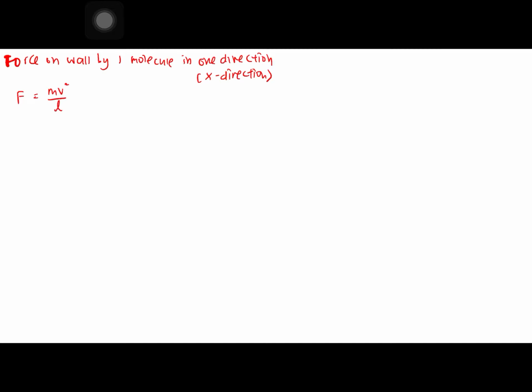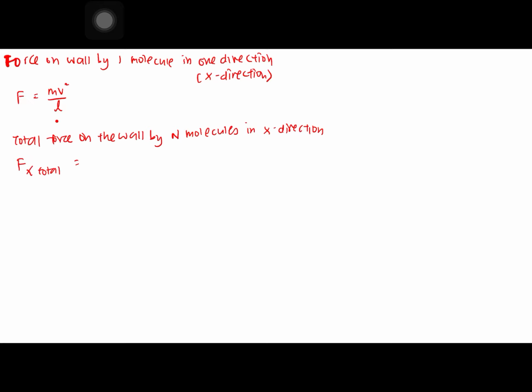So what's the total force on the wall by n number of molecules in the x direction? I'm going to call that Fx total, because it's only in the x direction.